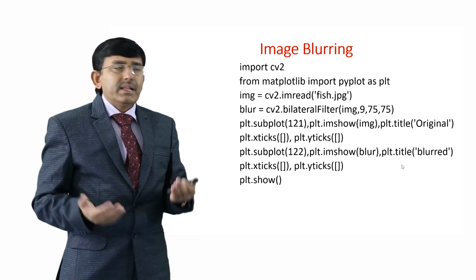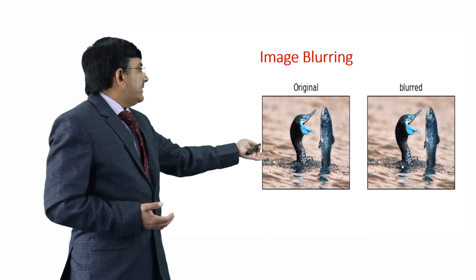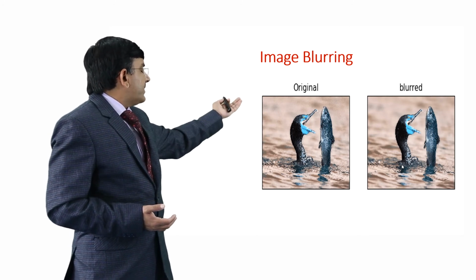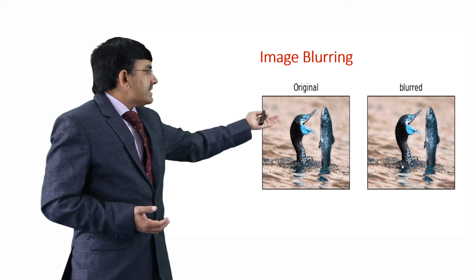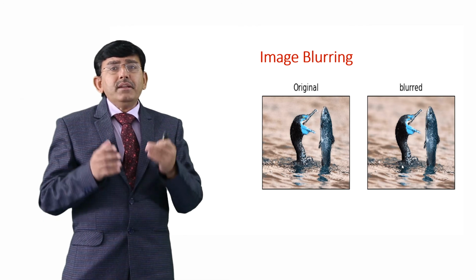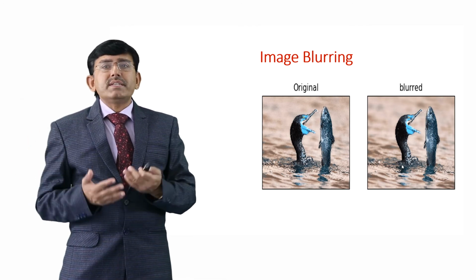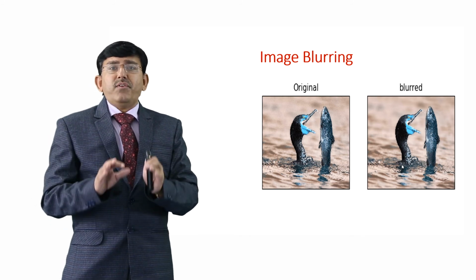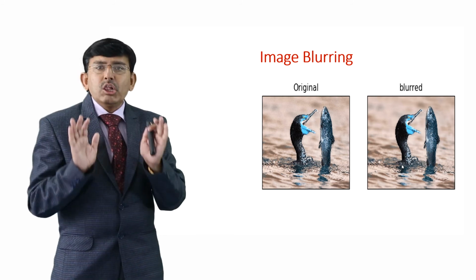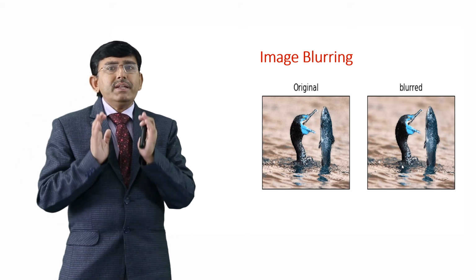Like here, the figure window is divided into two parts. One is the original with its title, and the second is the output blurred image with its title. If we compare these two, in the output version it seems edge information has been lost. Significant high grayscale values have been lost.